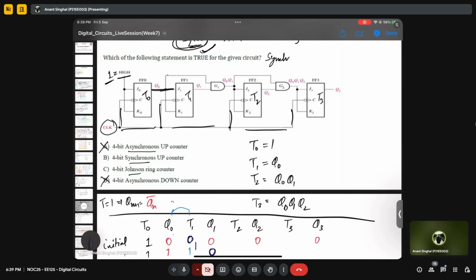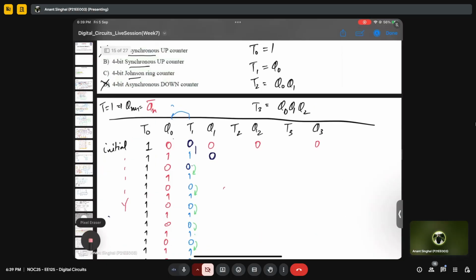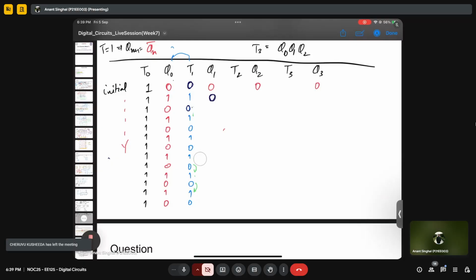Okay. So just to be clear, this is actually a negative edge triggered flip-flop. I apologize. So you can see it is a negative edge triggered flip-flop. So it will only change when there is a transition from 1 to 0, not 0 to 1. So let me do that. I hope you understand what I just said. Is it clear to everyone?